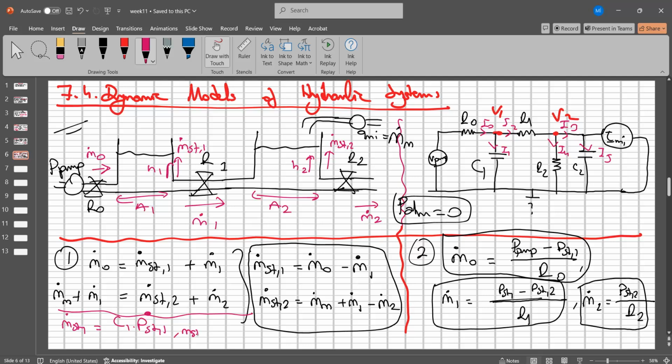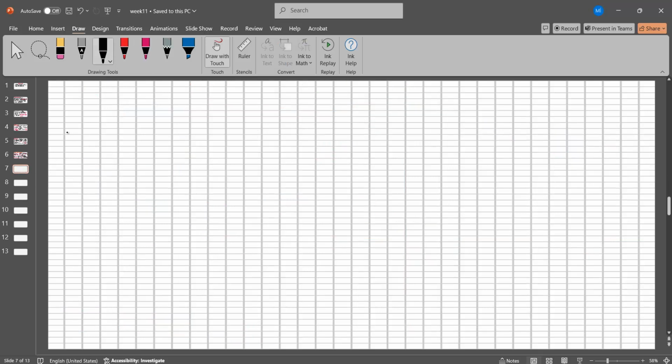And also mst2 dot is equal to C2 times pst2, right? Just remember the R formula. That's it, right? Do you have any questions about these things? Okay. And so if we use this equation, then we will reach this one. In the third place, we need to write the equation of motion.